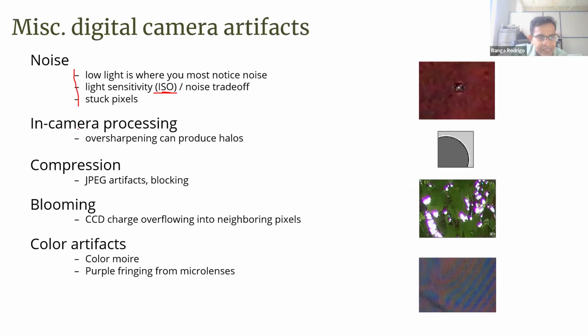Then in camera processing, over sharpening can produce halos like that. And then JPG artifacts are there. I think this is a JPG artifact, not an in-camera processing artifact. Then blooming, CCD charge overflowing into neighboring pixels, and then color artifacts, like purple fringing from micro lenses, and so on. You should be aware of these artifacts.